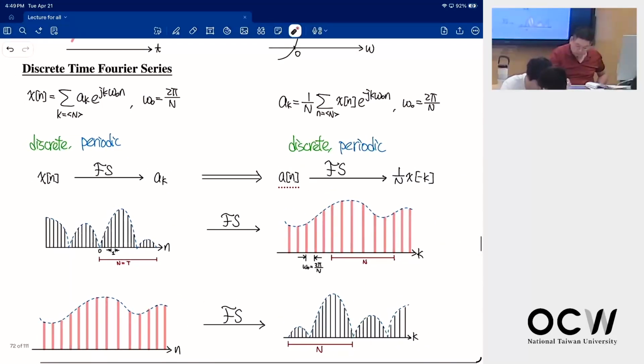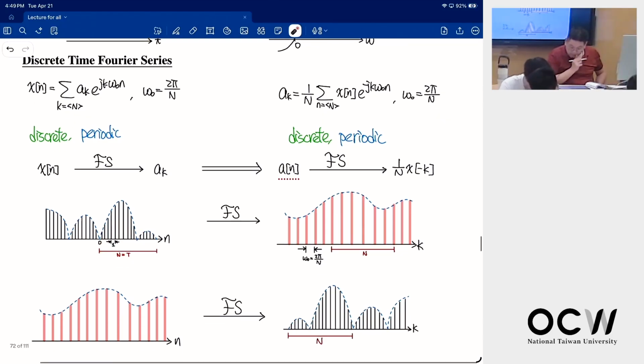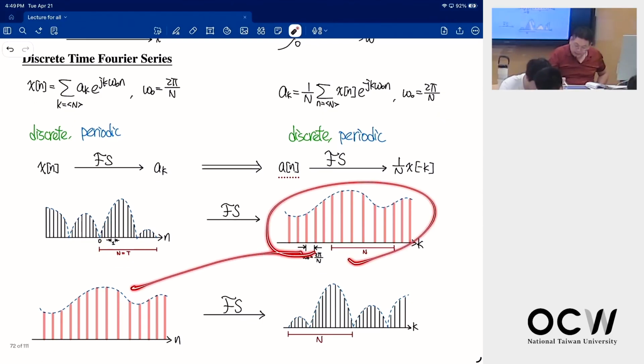When I take the Fourier series, let's see the coefficient. Here the coefficient, you can see that the width will be 2 pi over n. Here the width is 1. And then I will take this here. Okay, so here will be like 1, 2, 3, 4, 5, because it is n.